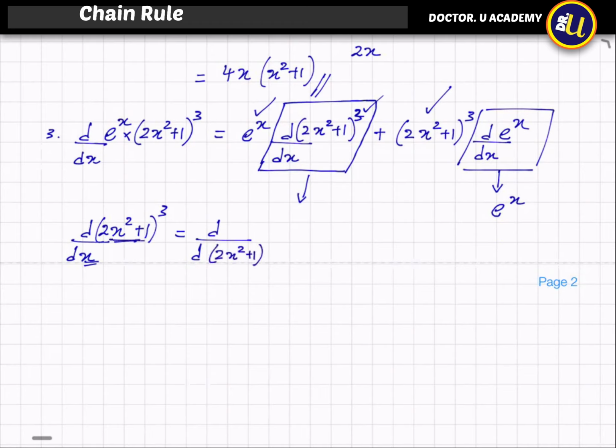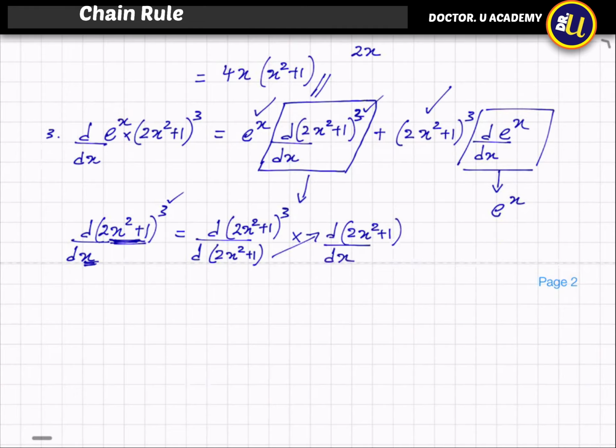Whatever is here, you construct in the denominator, and then not 3, without this one. That's why I told you we have to remember base case number 1, n is not going to be counted. So the numerator would be (2x squared plus 1) raised to the power 3, and the construction is going to be cancelled with this. That is called chain rule. Why chain rule? See, look at the connection. That's why we call it chain rule.